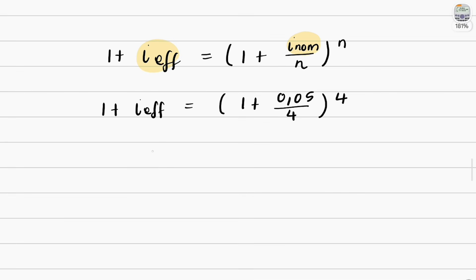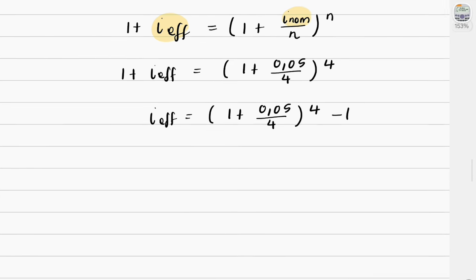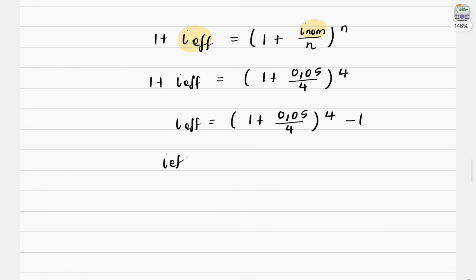The whole point is to find I effective. So we'll say I effective equals and rewrite this, and then we can transpose that 1, so it's minus 1. Let's put this on the calculator and see the effective interest rate.